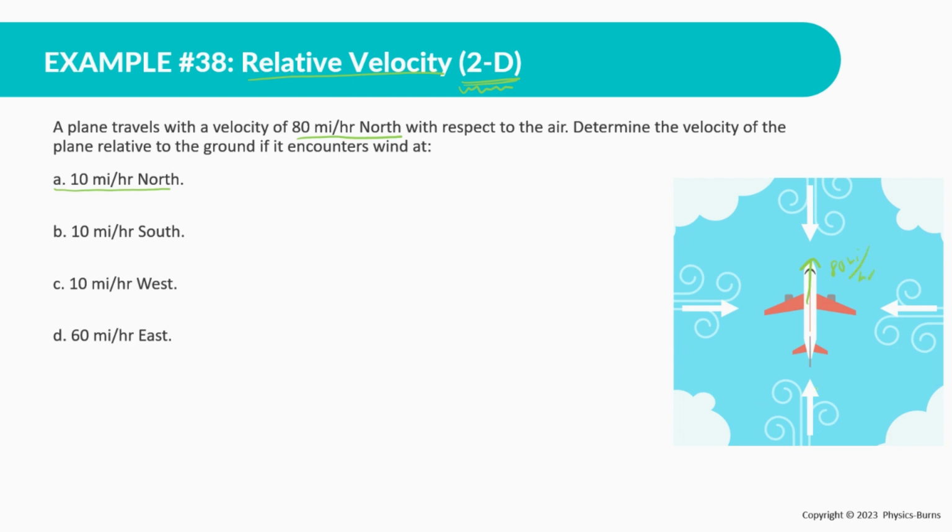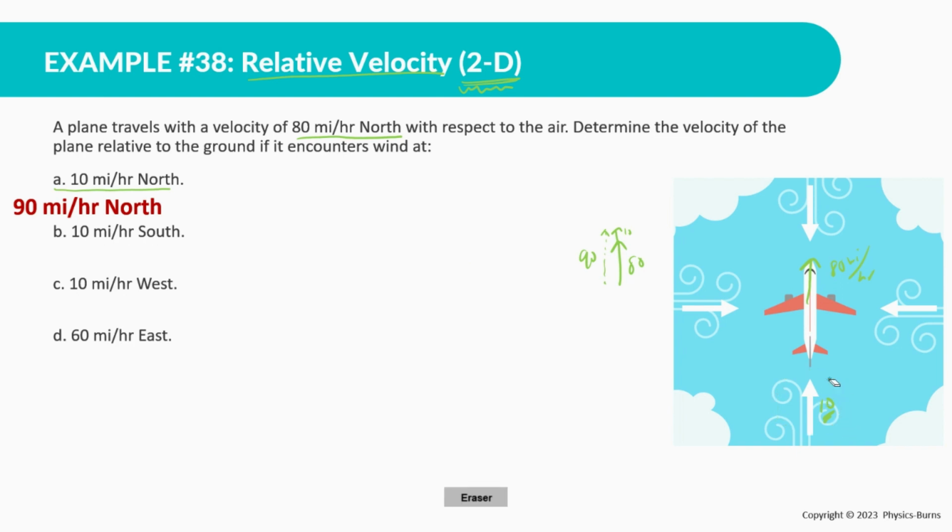However, if there's wind pushing it north at 10 miles an hour, how's that going to affect it? We're pretty much doing the same thing as vector addition at this point. We're just doing 80 plus 10, and then we have the resultant vector as 90 miles an hour north. Okay, so I think that's relatively simple.